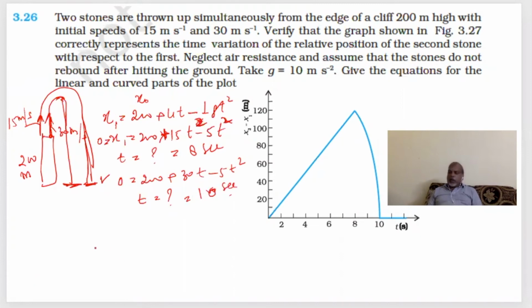Now let us take the relative motion. Relative motion will be nothing but x1 of 15 meter, or you can say minus x, will be nothing but 200 plus, or you can say x3, just to make it positive, it will be 30t minus 5t square minus.